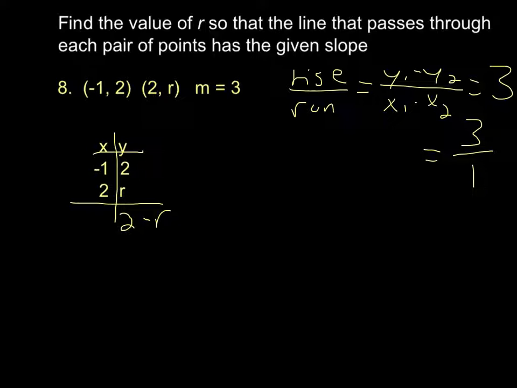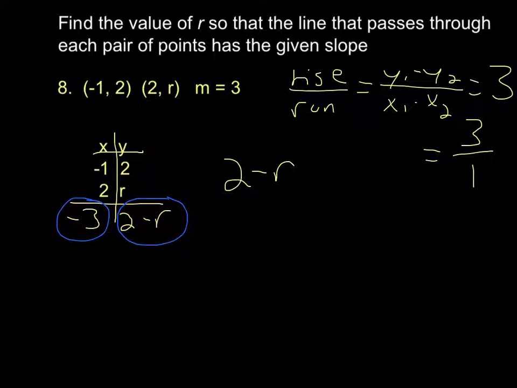Our difference in x's is -1 minus 2 equals -3. So we take our differences in y's and we put them over our differences in x's. 2 minus r over -3 equals 3 over 1.